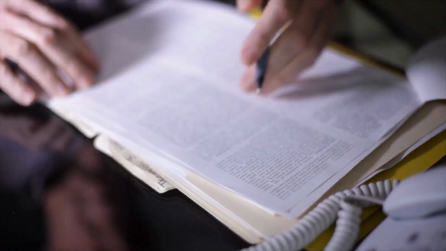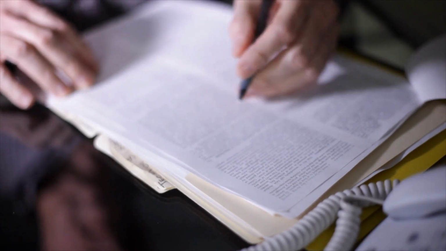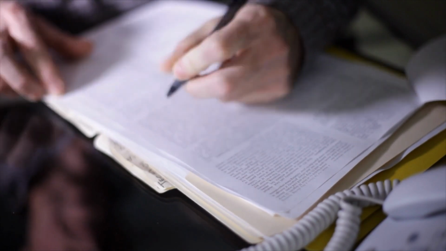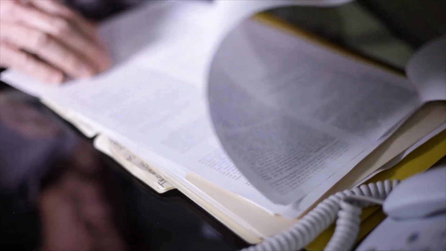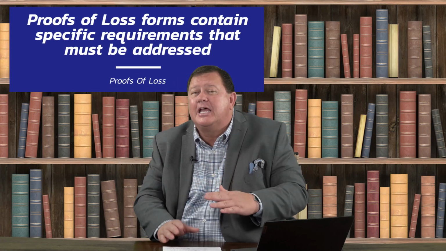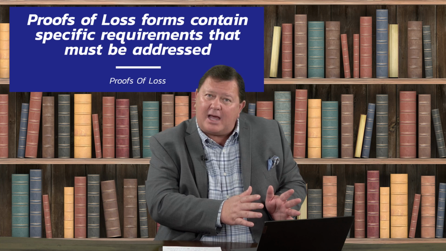We're talking about post-loss obligations, right? Under the post-loss obligation to provide a proof of loss, either when requested or when required, and we'll get into that in a minute, there are certain requirements that a proof of loss must contain, certain information it must contain in order to comply with the terms and conditions of the policy.